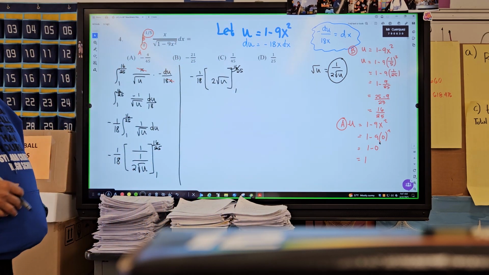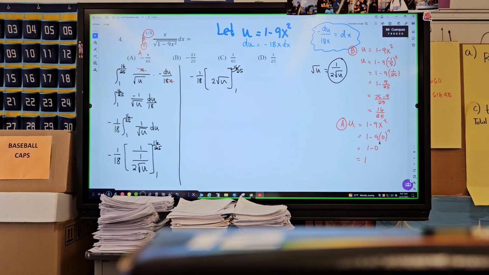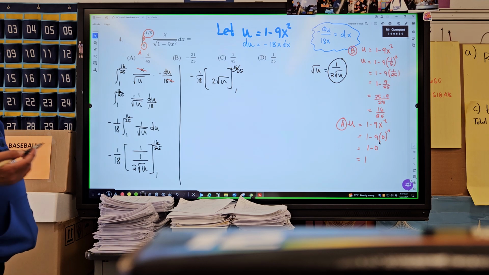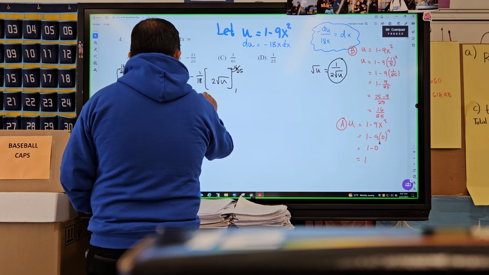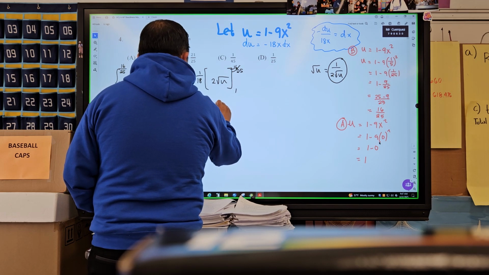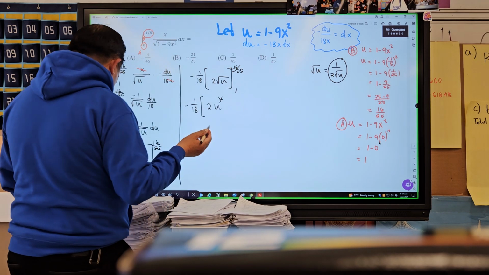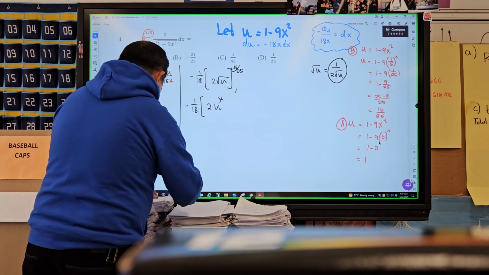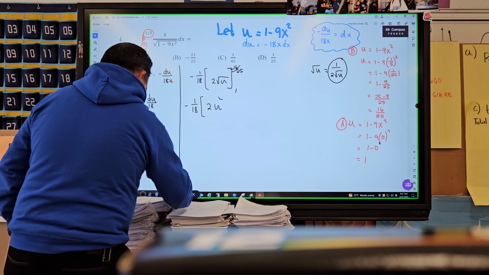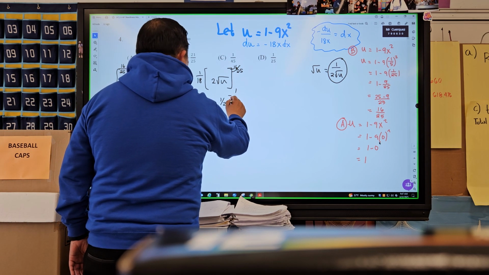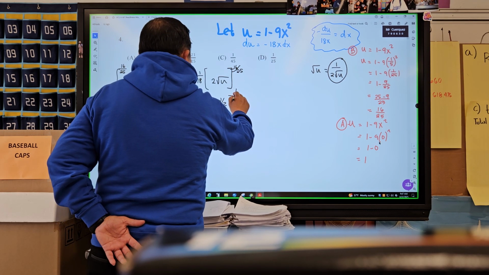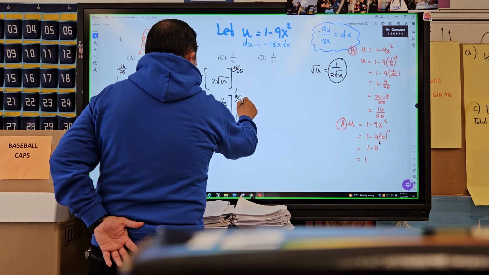Before we continue, we can express the square root as an exponent, raised to the power of 1/2. So we have negative 1 over 18 times 2u to the power of 1/2, from 1 to 16 over 25.